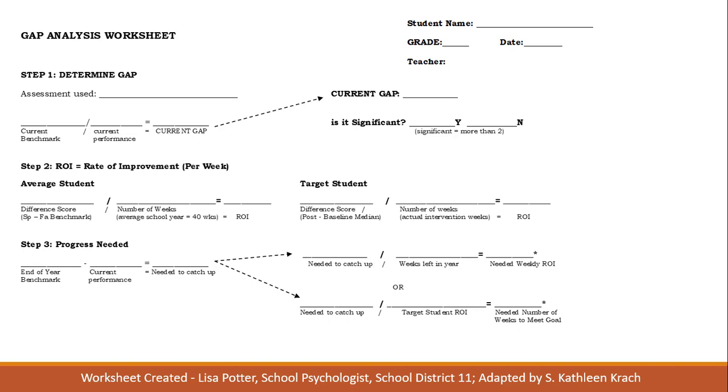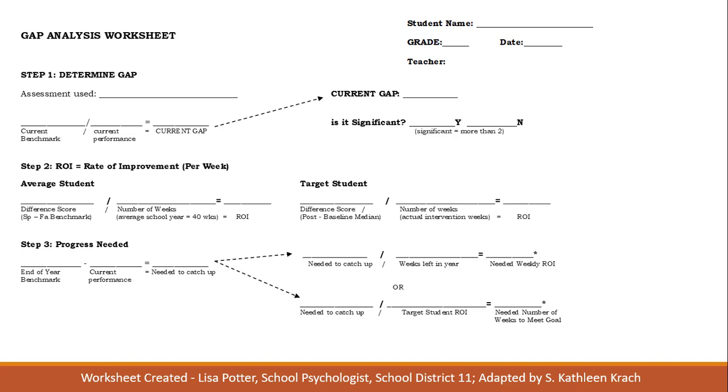So when I was talking earlier about using typical peer data, well, if you're not using benchmark data, let's say that you're using behavioral observation data. Well, with a rate of improvement then, you would have different scores where you have the median pre and post for the typical peer.